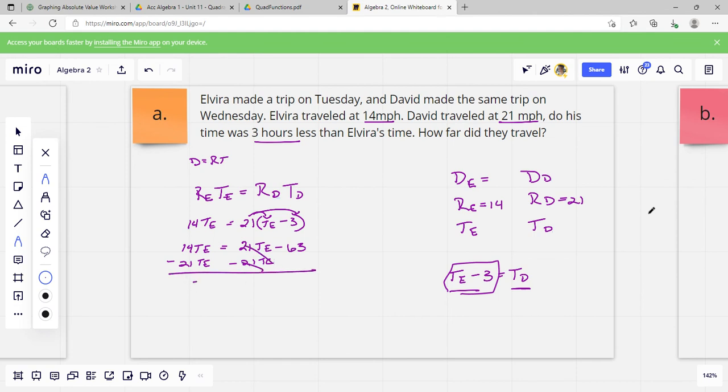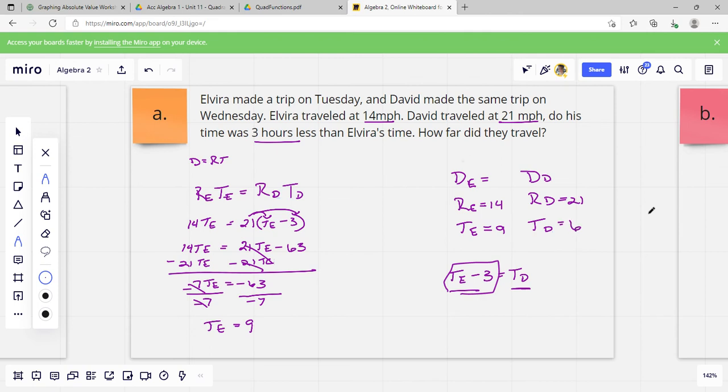That would be negative 7 TE equals negative 63. We're going to divide by negative 7. Time of Elvira is 9, since 9 times 7 is 63. Okay, that means that the time of Elvira minus 3 is the time of David, so that would be 6.